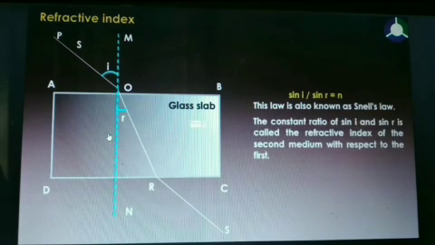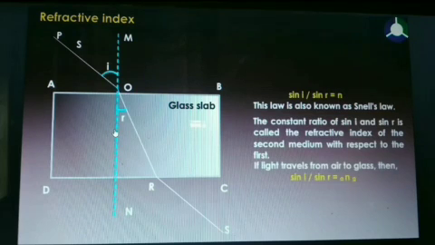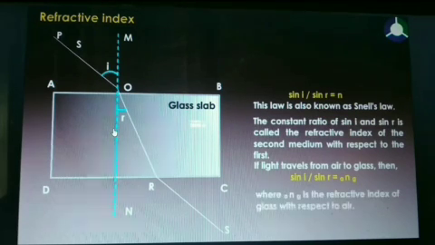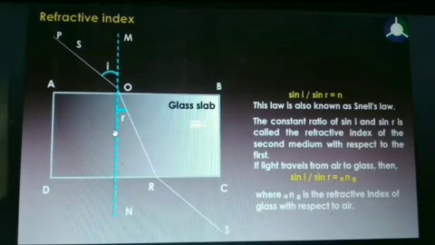The constant ratio of sine i and sine r is called the refractive index of the second medium with respect to the first. If light travels from air to glass, then sine i upon sine r equals n_ag, where n_ag is the refractive index of glass with respect to air.